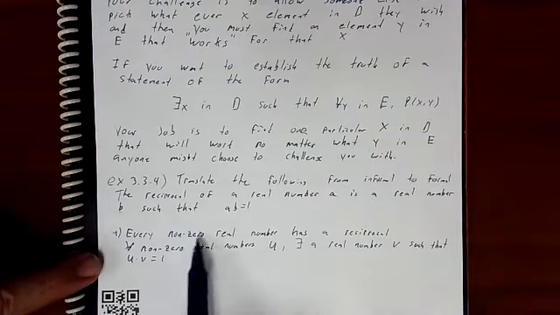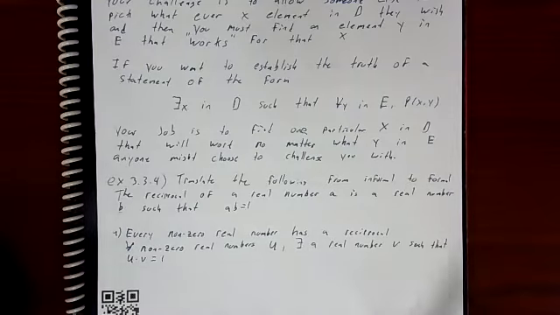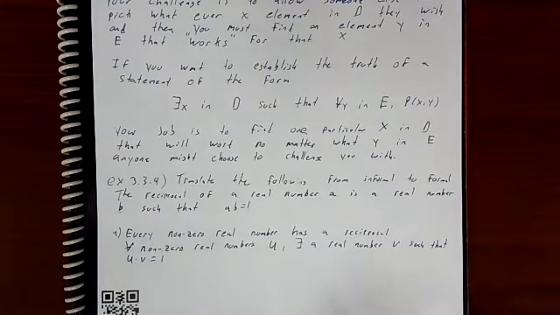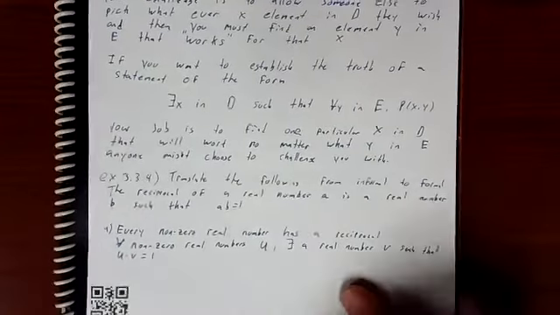So every non-zero real number, that's for all, has a reciprocal, exists. That's how you translate these. You just have to pay attention: is there an absolute statement in there? Is there an existence type, etc.?